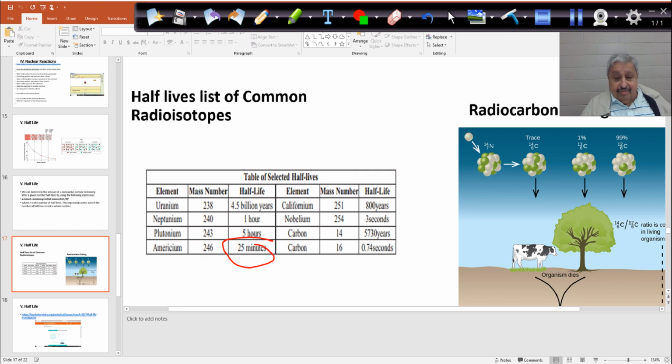So carbon 16, seconds, not even, but the carbon 14, 5,730 years. So you can tell that this is a big issue whenever you have a nuclear waste and you are dealing with isotopes that have large half-life, so they will stay with you according to whatever they're there.